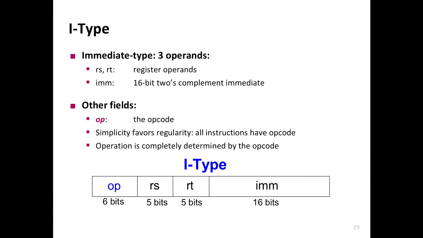If you remember, when you translate the instruction into the machine code fields, you have a 6-bit opcode. Unlike the R-type instruction where the opcode is always 0, here the opcode actually specifies the operation to be performed. Then you have the 2 register operands, and then the immediate value.